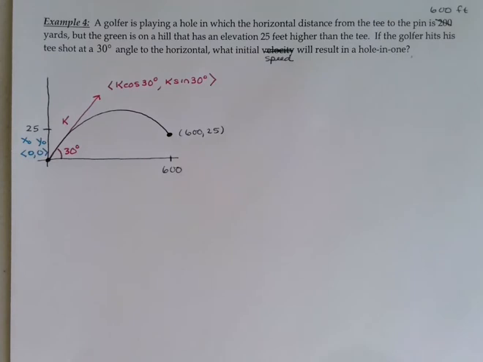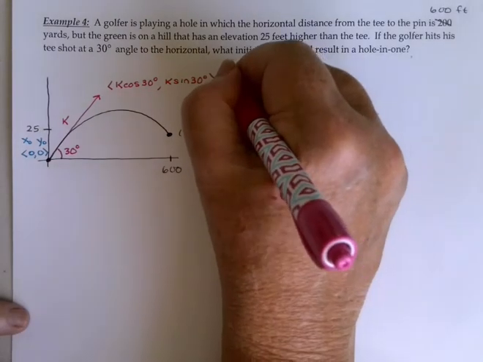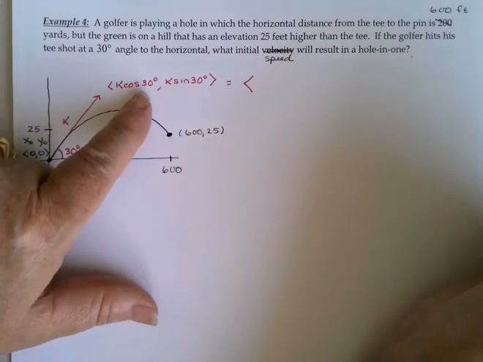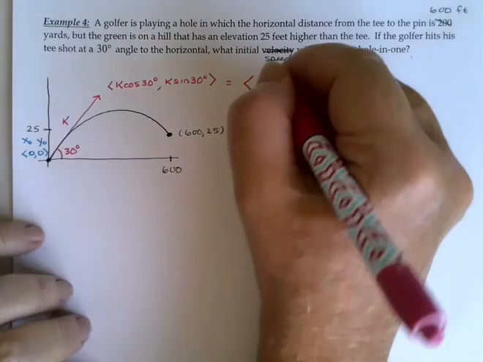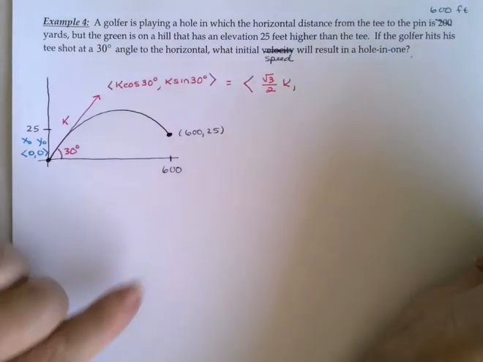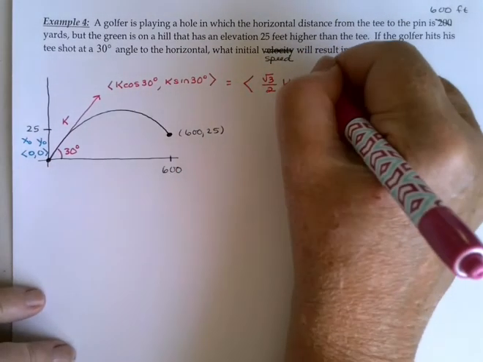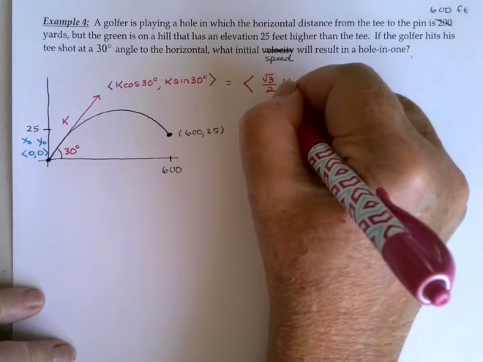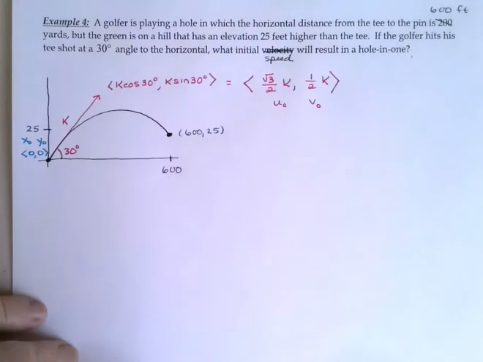And last time I didn't have a very nice angle. The 25 degrees would have had a kind of ugly sine and cosine, but 30 degrees is just a nice unit circle value. So maybe I'll go ahead and do the sine and cosine right now. Cosine of 30 degrees is the square root of 3 over 2. And the sine of 30 degrees is 1/2. So I'll use those for my u naught and v naught.